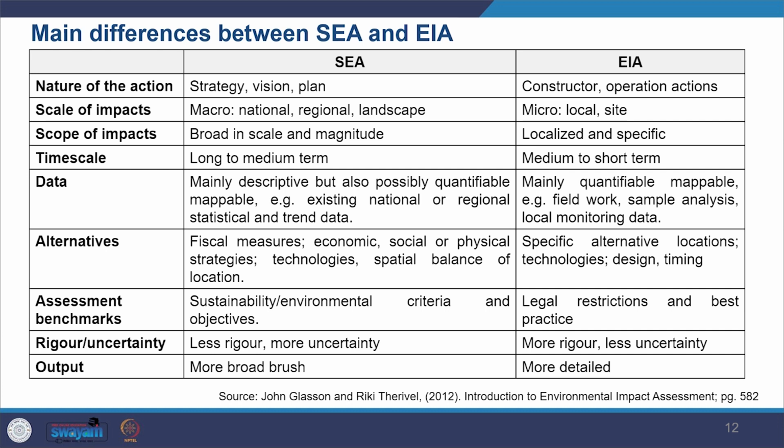So in SEA, you would be looking at larger regional statistics and trend data, whereas in EIA you might be looking at a lot of local patterns, what's happening, and very specific information.